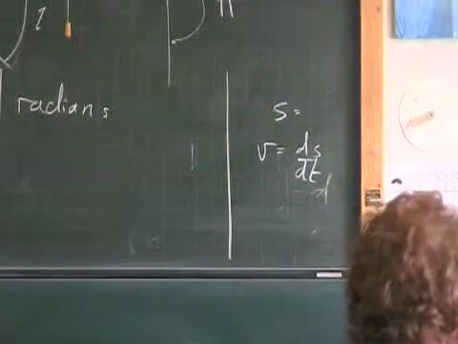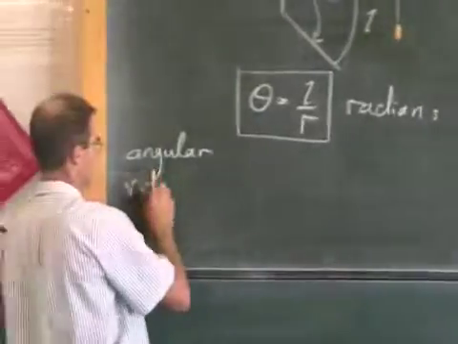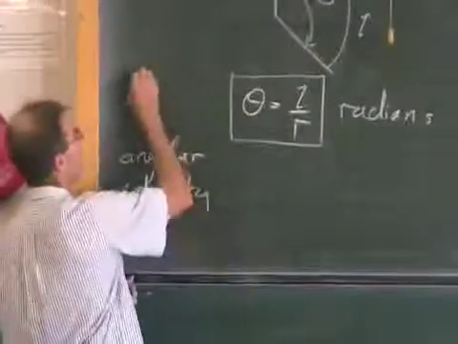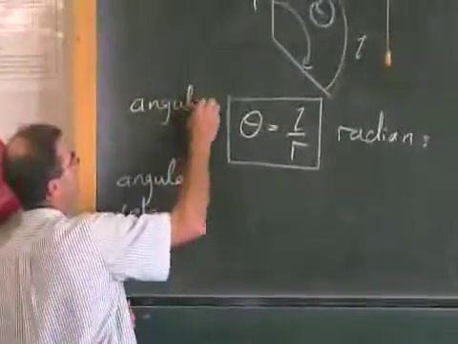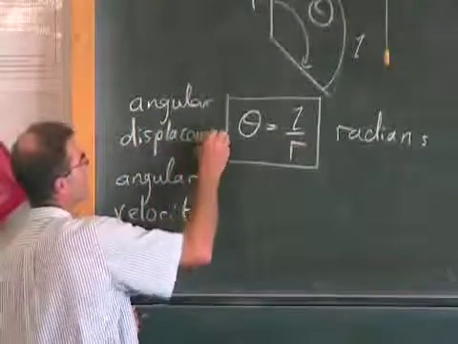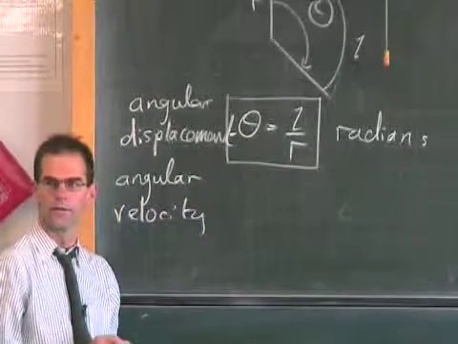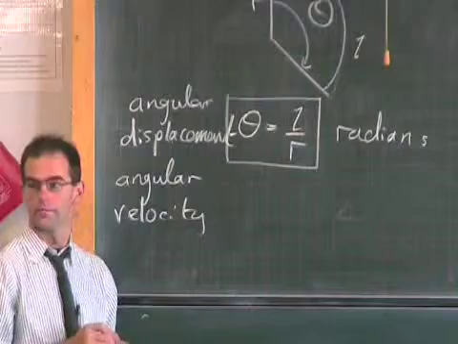So to get to angular velocity from the angular displacement, how would you get that? Anna? Differentiate it.